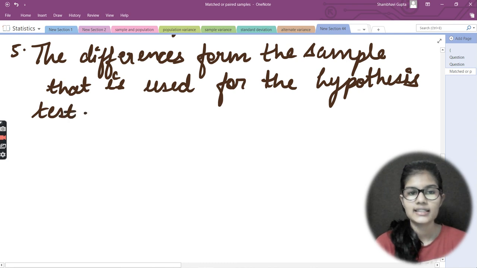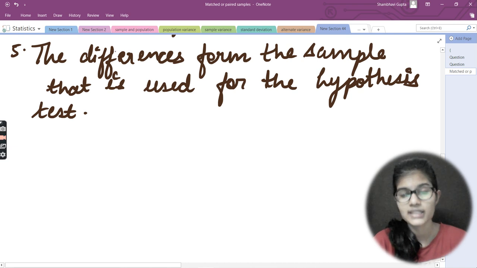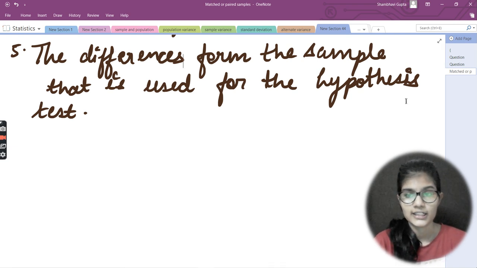Let me come down and get some space for writing. So the differences formed from the samples are used for the hypothesis test.